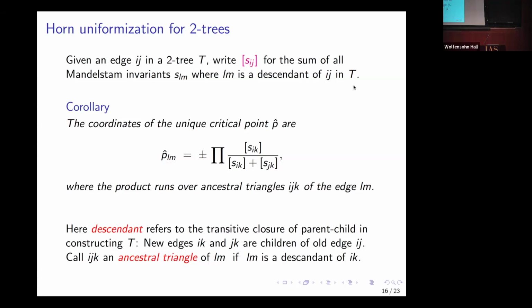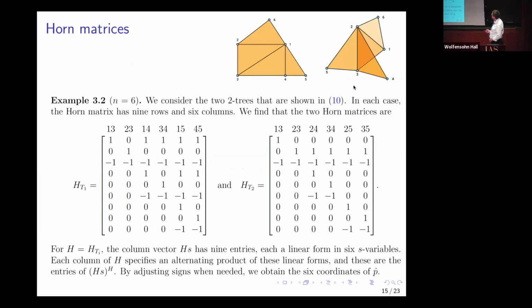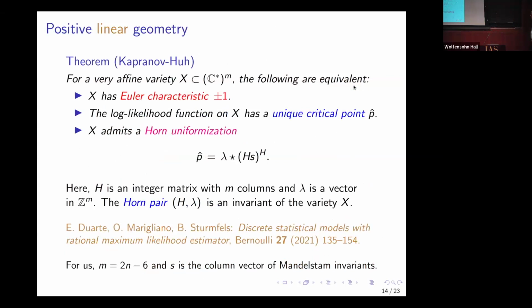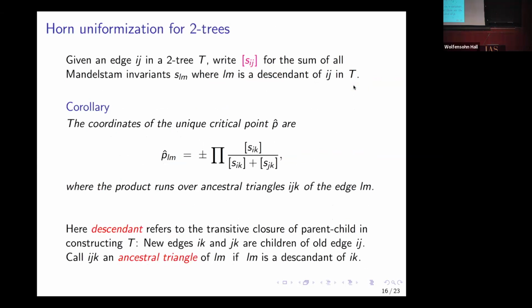Here are the definitions: descendant refers to the transitive closure of parent-child, and an ancestral triangle is exactly what you think it is. So this formula is equivalent to this, and to this. In this context, minimal kinematics has a very nice combinatorial expression. But in fact, this is true in general. Whenever you have a scattering potential, something that's like a sum of logs, and there is exactly one critical point, it will be given by this formula.